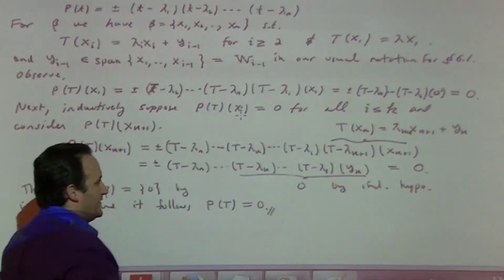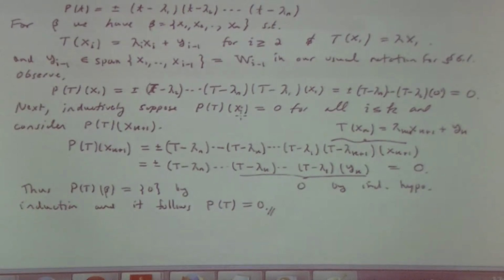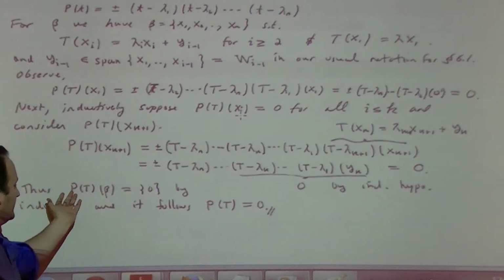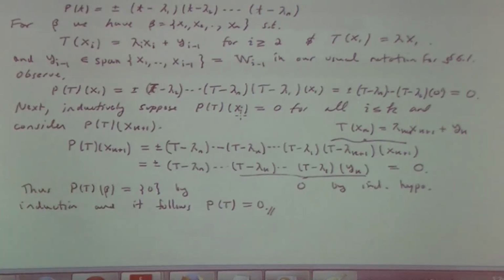But by construction, that's 0, because I'm assuming inductively that p of T is 0 up to k. So the induction hypothesis shows that that product on yk is 0. Consequently, by induction, p of T on the basis is 0, and then it follows that the operator itself is 0.